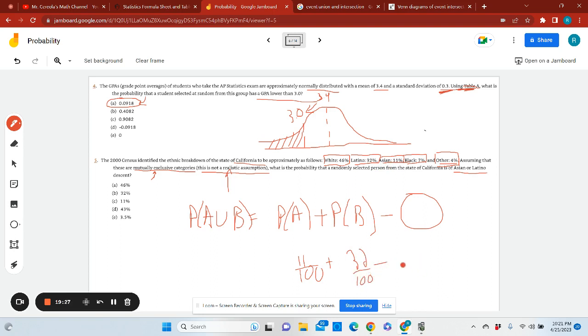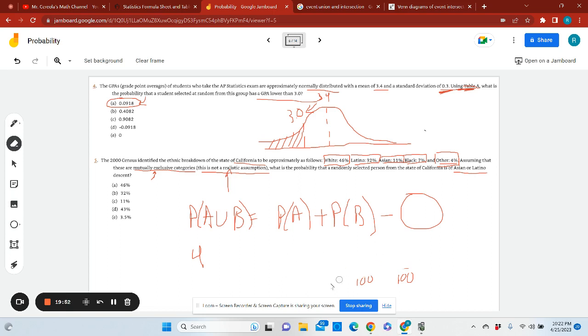But if they were allowing us to count people in both categories, and let's say I had 4 people who were both Asian and Latino, I would have counted those 4 people in each of these categories, and I would have to subtract them out at the end, right? And that's what our formula sheet tells us.